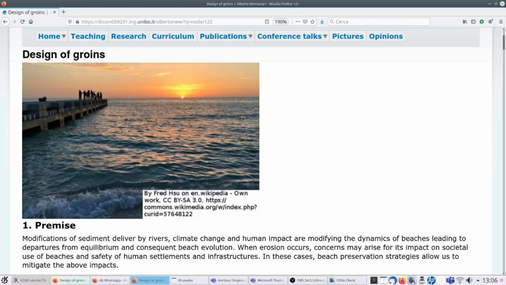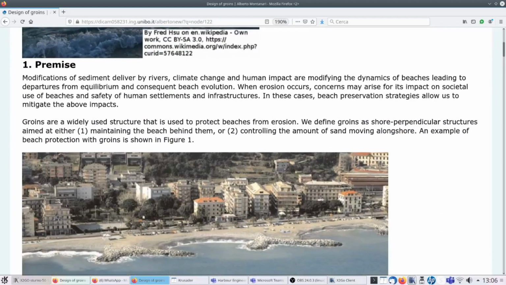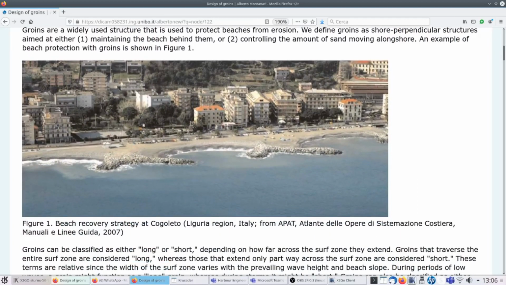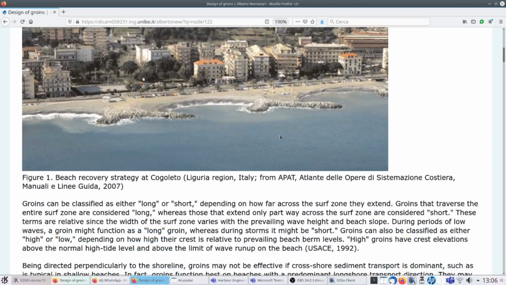A synonym of open groin is a permeable groin, which means that they allow some water to pass by, and therefore also some sand. But even if they are permeable, they are a barrier against longshore sediment transport. And here there are other examples. They are widely used to protect beaches.